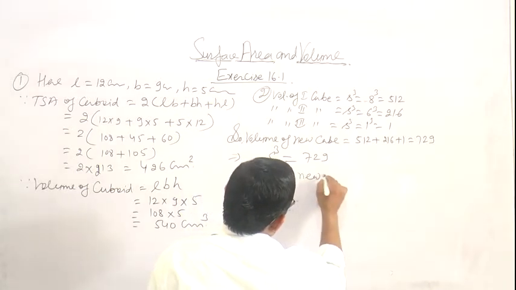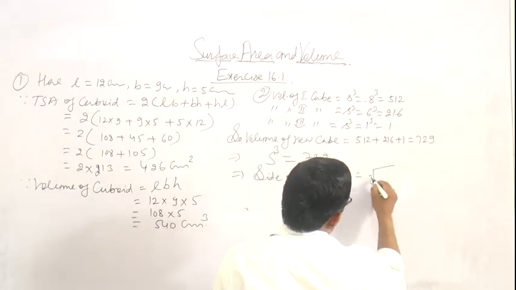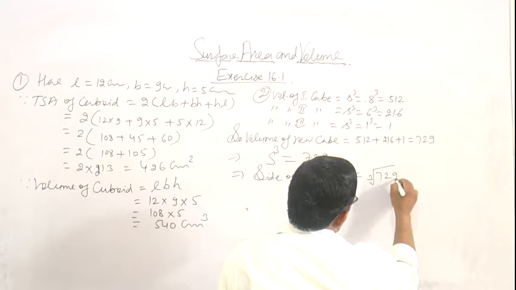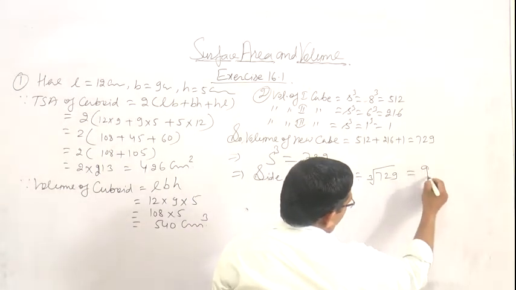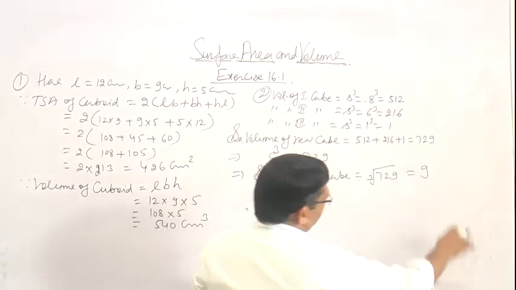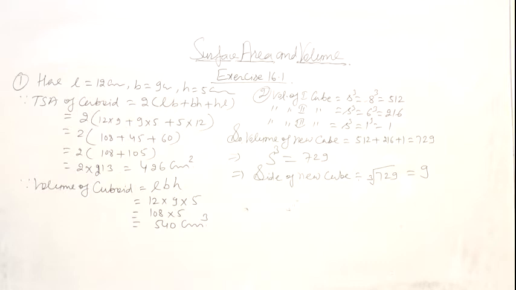Side of new cube is equal to cube root of 729, and cube root of 729 is 9. Cube root of 729 is 9 because 9 cube is 729.